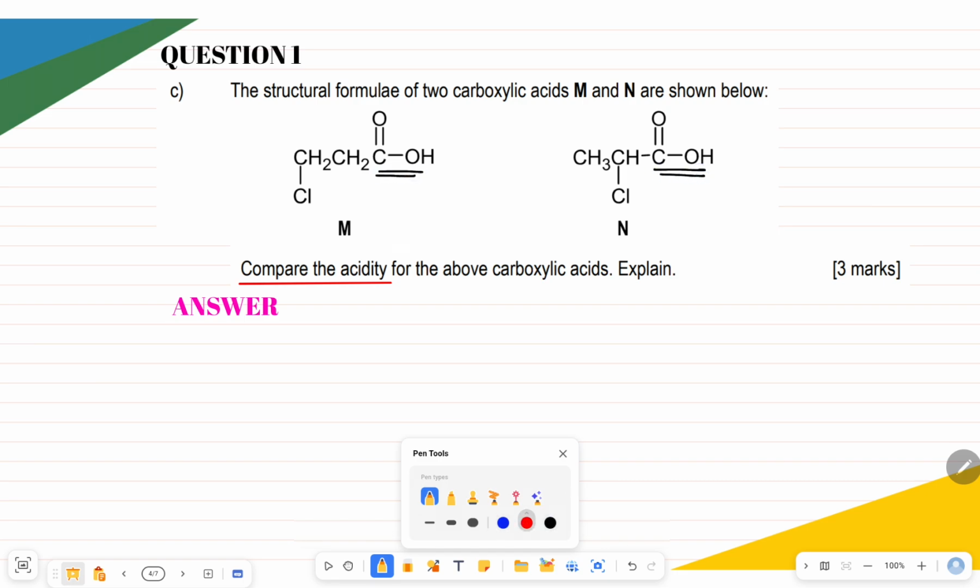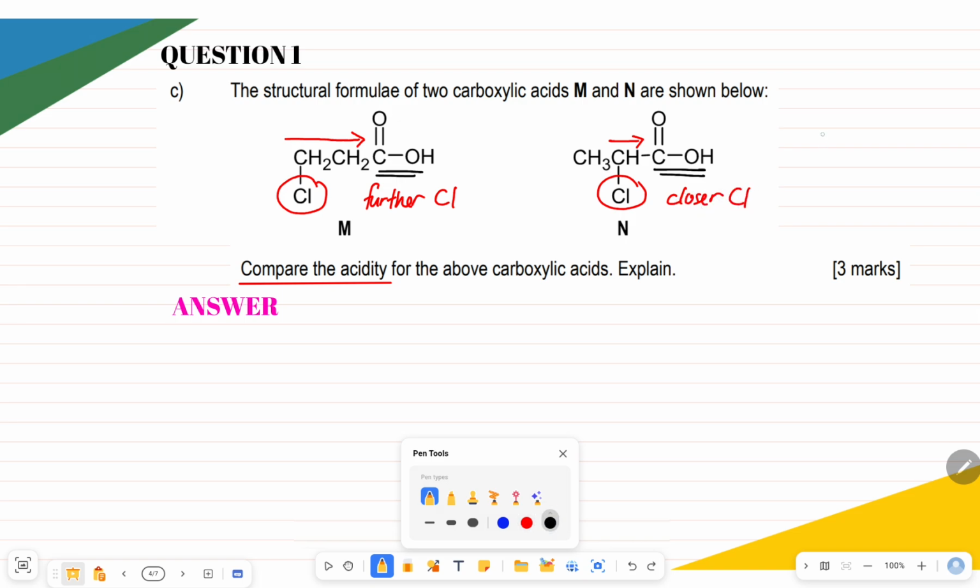The only difference is both have Cl with different distance, distance to the COOH. In structure M, the Cl is further, 2 carbons apart, but in structure N it is only 1 carbon apart. So this one has the Cl further, and this one has the Cl closer.